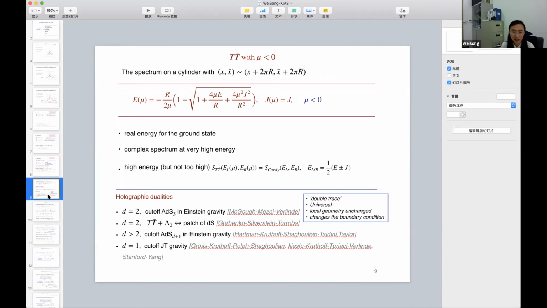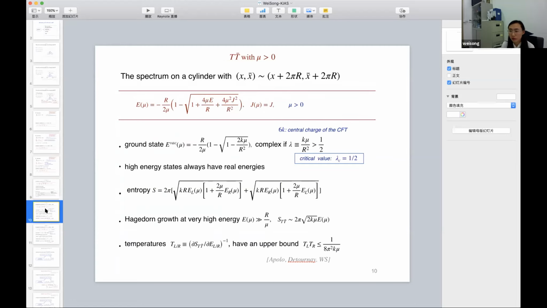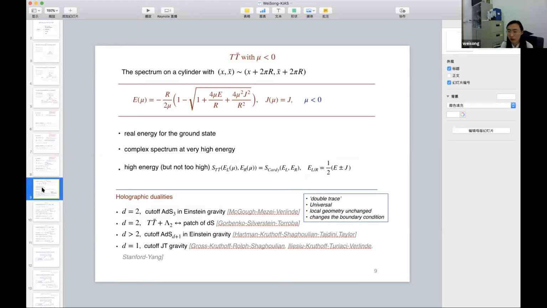In this interpretation it is a single trace deformation. So I was going to ask whether it's possible to have positive mu, but still a double trace deformation. That I don't know, because for positive mu, I don't know if there is a double trace version.